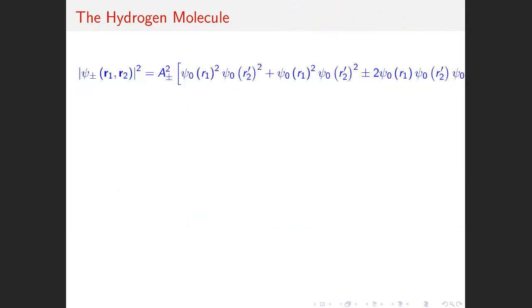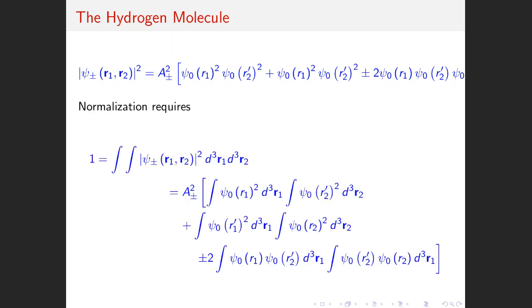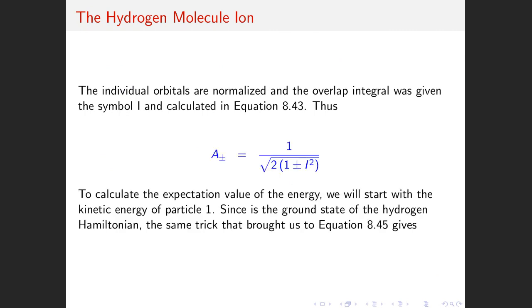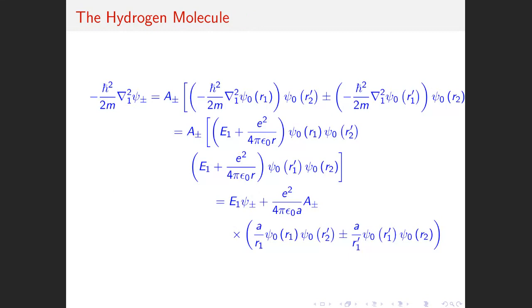So again, you're going to repeat the same thing that we did. You say that 1 has to be equal to, and then you square everything. The original atomic wave functions are already normalized, so you only get that thing that you called I, which we call the overlap integral. Now you again have to find the expectation value of H. The first thing is to check what happens when H acts on psi plus or minus.